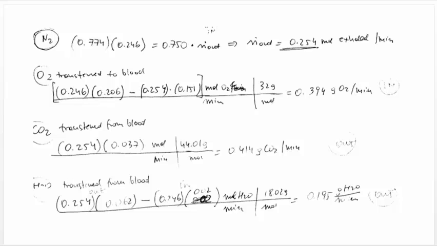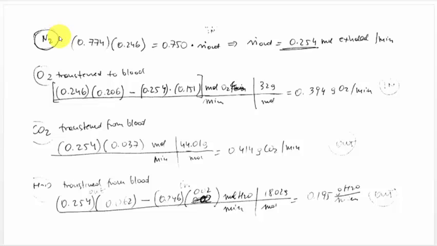Now we have to calculate the masses of oxygen, carbon dioxide and water transferred during this process. When we look at the nitrogen balance, we know that nitrogen is not participating in the exchange, so nitrogen in is equal to nitrogen out.